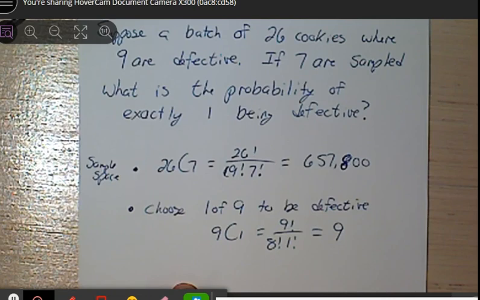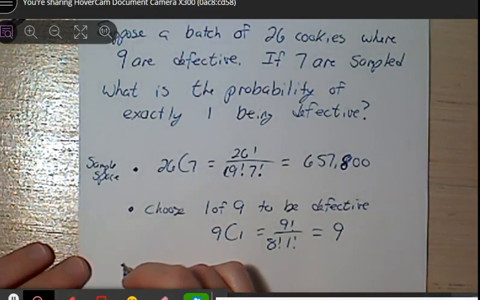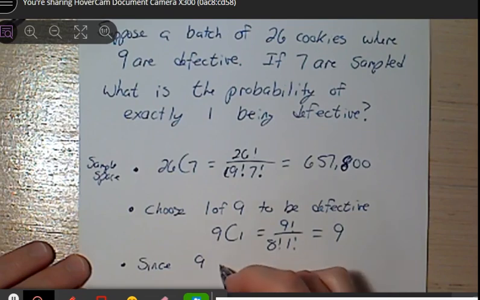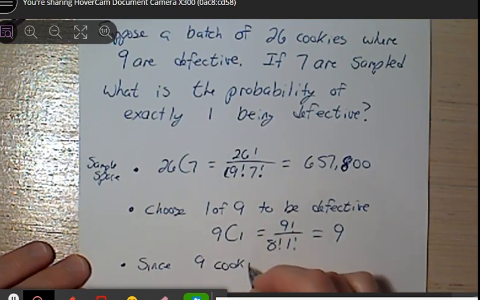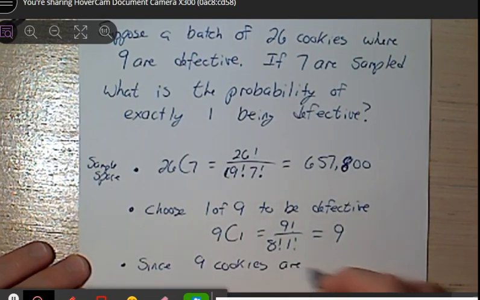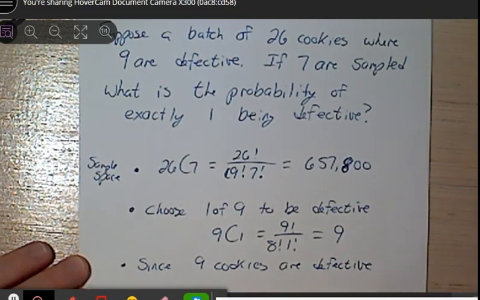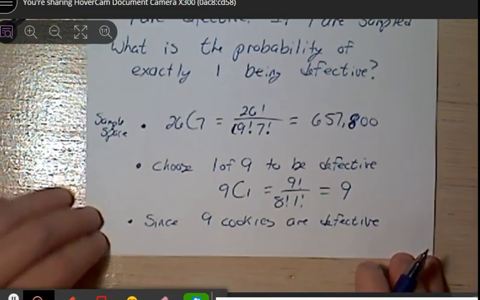Okay. Since there are 9 that are defective and 17 are good, okay, here's the next part we've got to break down.